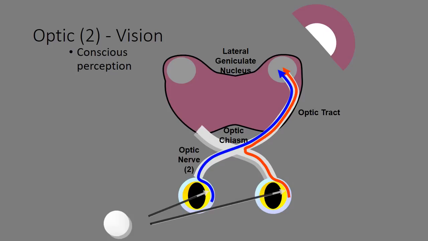Depending on the species will depend on how much crossover is present. Once there in the lateral geniculate nucleus, it'll send optic radiations to the occipital cortex for there to be perception or consciousness that there is vision.